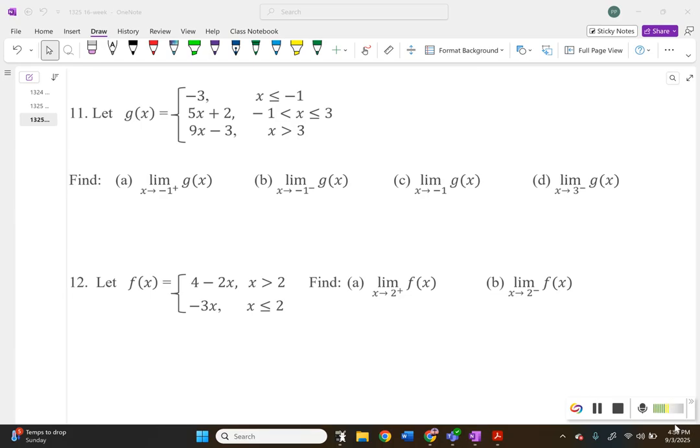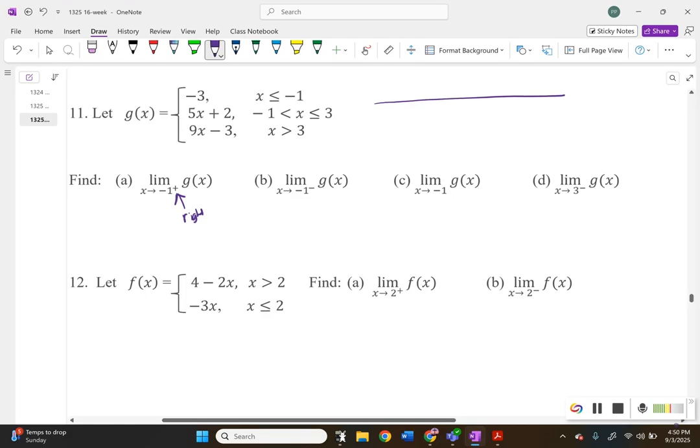Number 11, we have a piecewise function, and we're looking for the limit. The first one says, find the limit as x approaches -1 from the right side. If I look at a number line, here's -1, this is the right side. These are x values that are greater than -1.